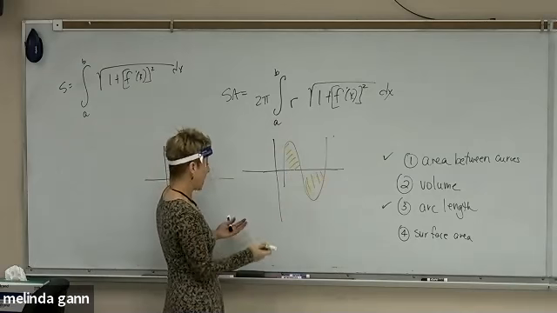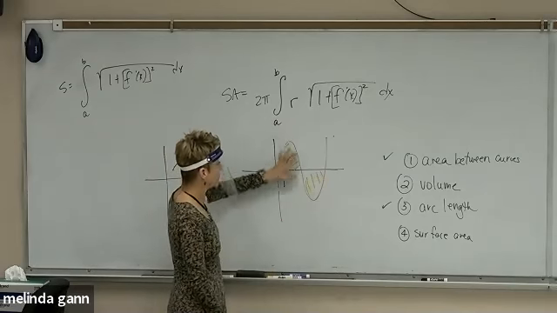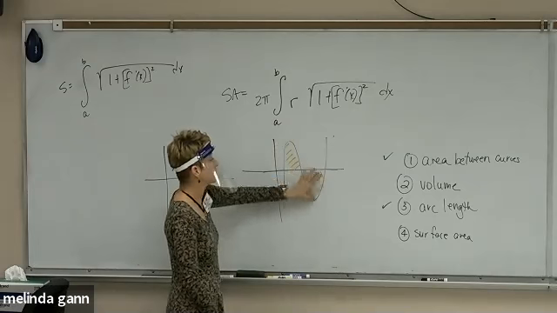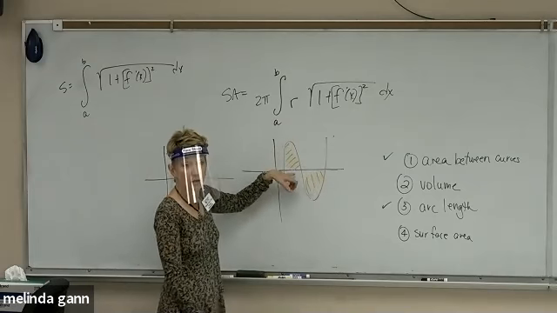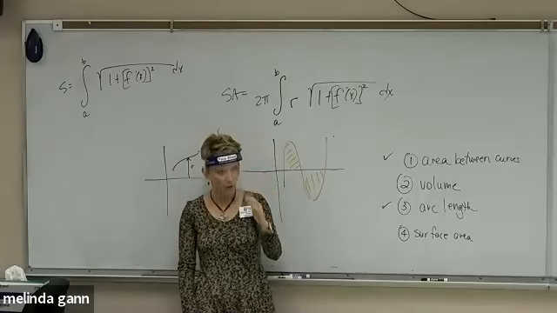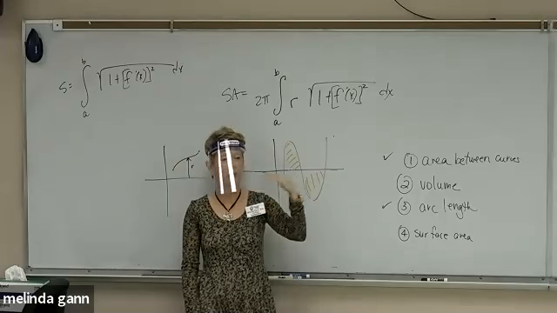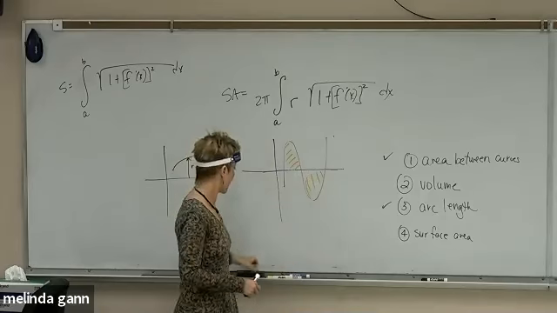So if I want to do a vertical rectangle here and a vertical rectangle here, I'm going to have two different integrations because what's on top and what's on bottom is going to change. But vertical length is still going to be y on the top minus what? Y on the bottom. A horizontal rectangle is still going to be x on the right minus what? X on the left. All right?